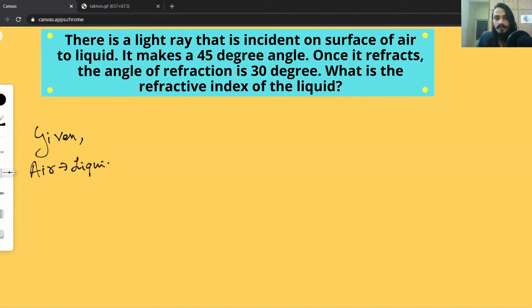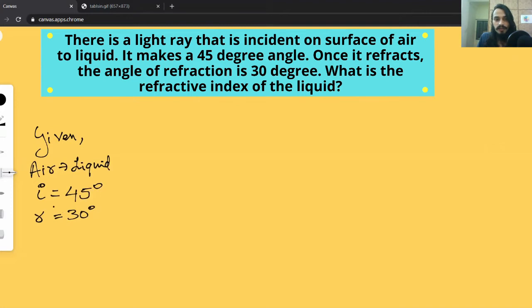Which liquid? We don't know, doesn't matter. Now let's look at the angles of incidence and refraction. The angle of incidence i is 45 degrees, and once it refracts, the angle of refraction is 30 degrees.